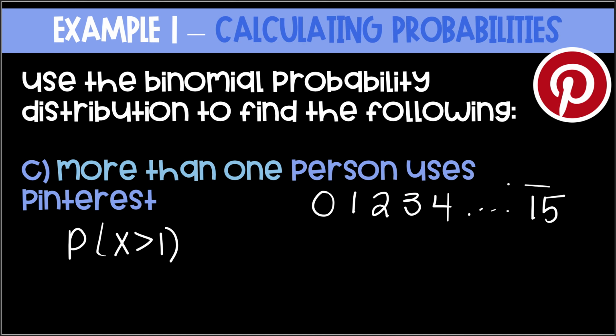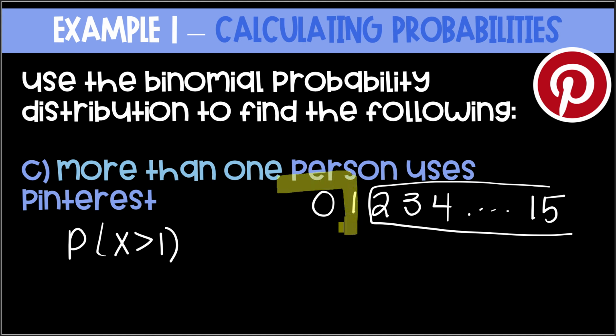Because I'm looking for 2 or greater, I'm going to use my command for computing the probability of 0 and 1, or in other words, up to 1. I'm going to compute the probability of x is less than or equal to 1.